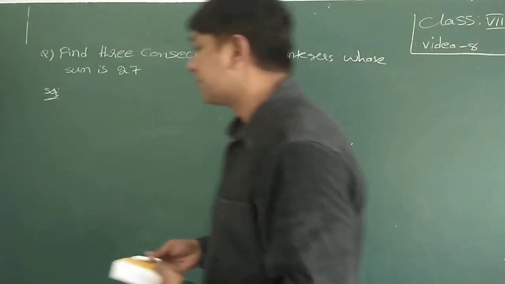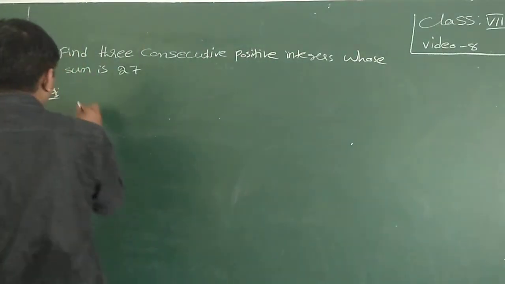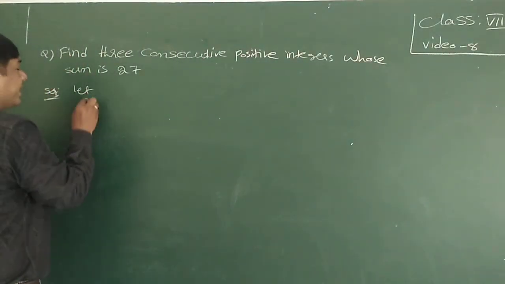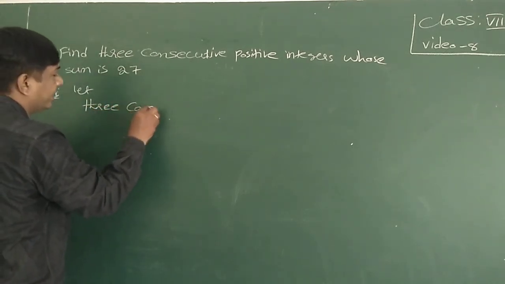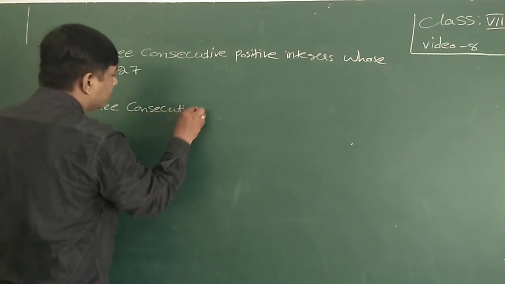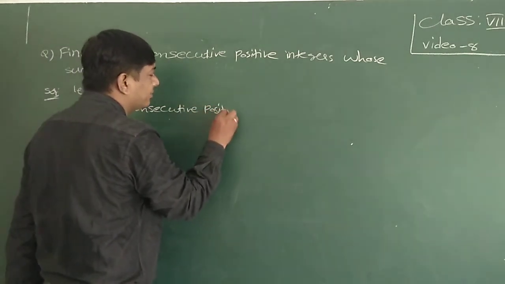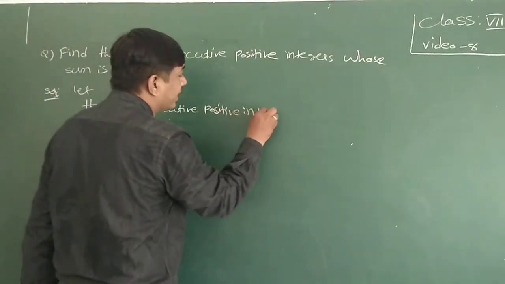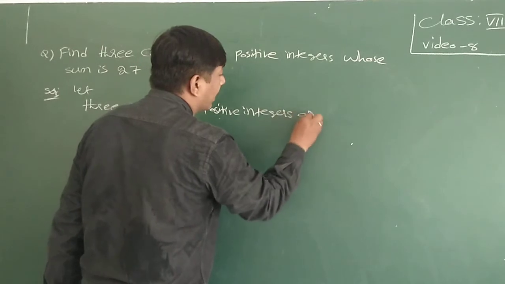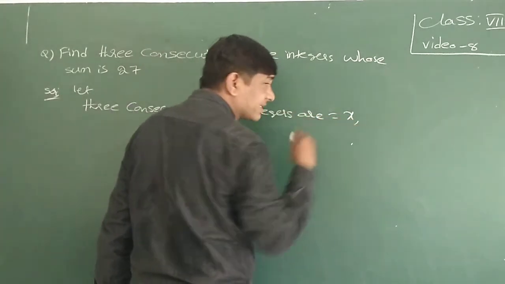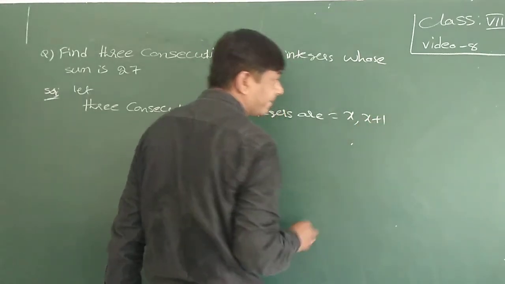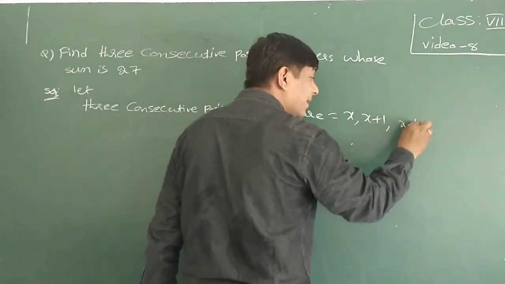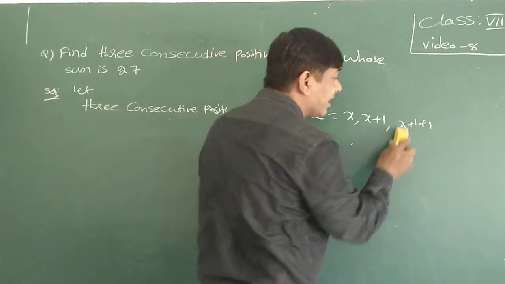So let us assume that three consecutive positive integers are x, the first one, then the next number is x plus 1, and the next is x plus 1 plus 1, which together we can write as x plus 2.